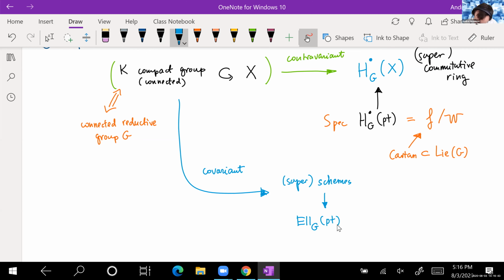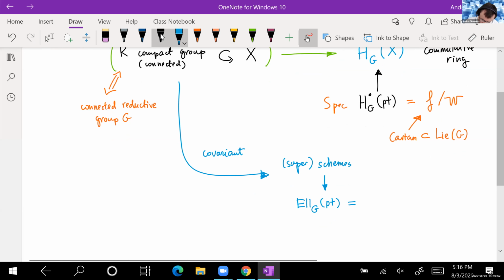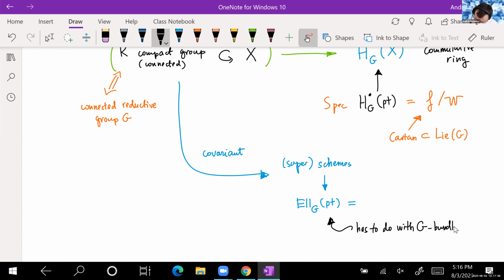And what this thing is, well, there's a general definition. Generally speaking, this has to do with G-bundles over an elliptic curve. We're not going to go there so much.